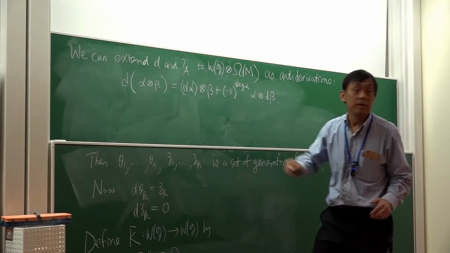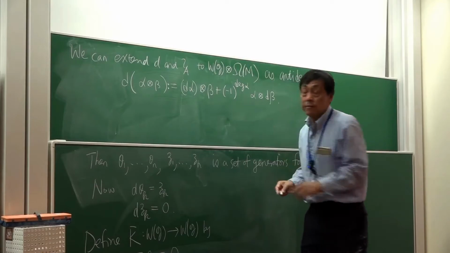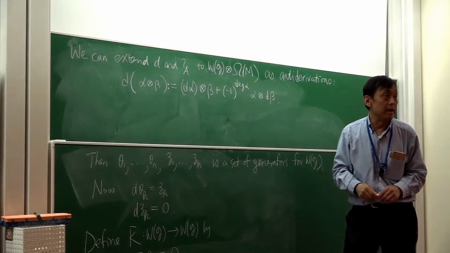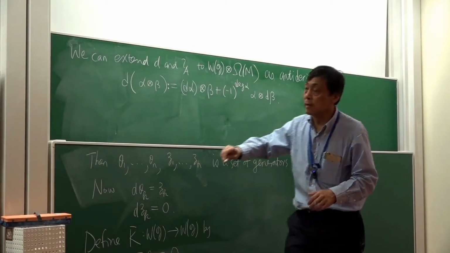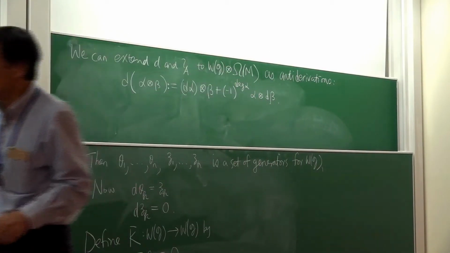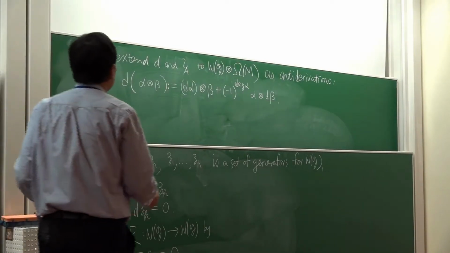Okay? And similarly, you extend IA as an antiderivation, and you can extend the Lie derivative as a derivation.